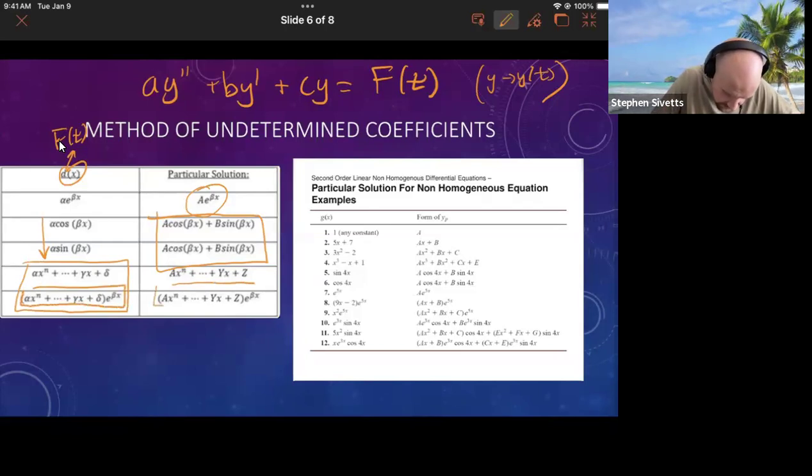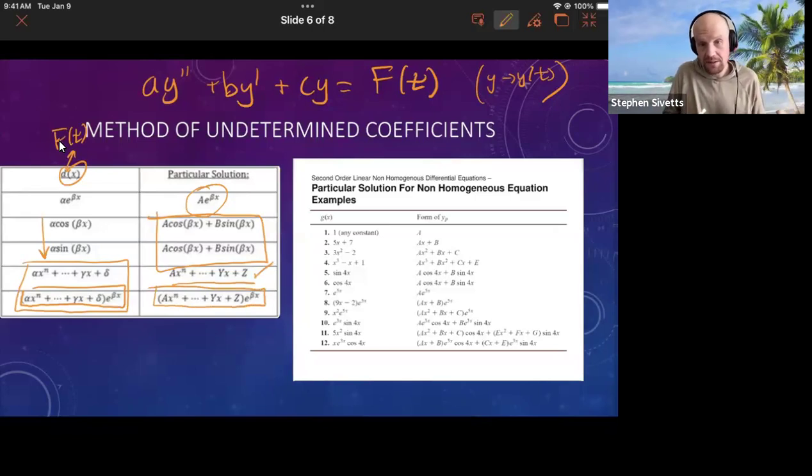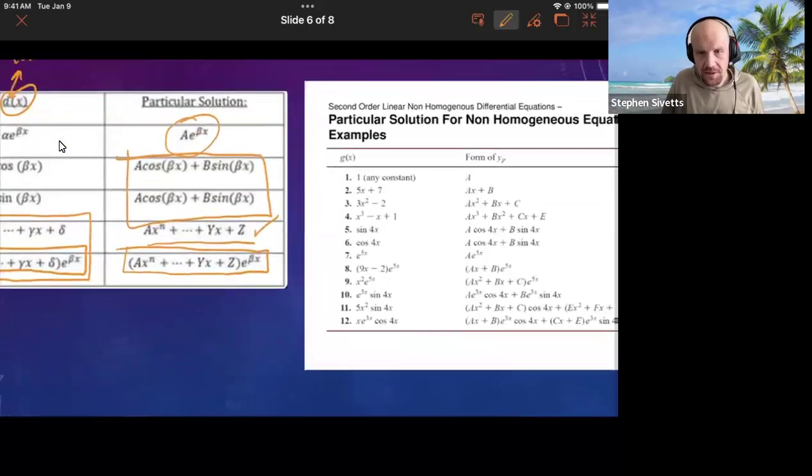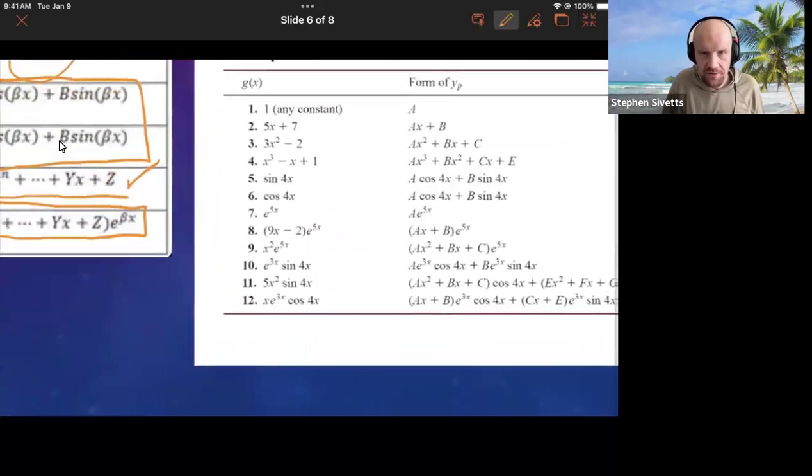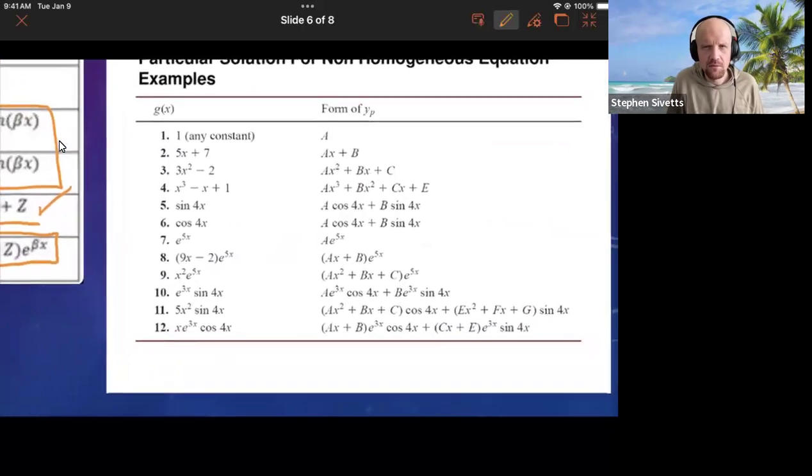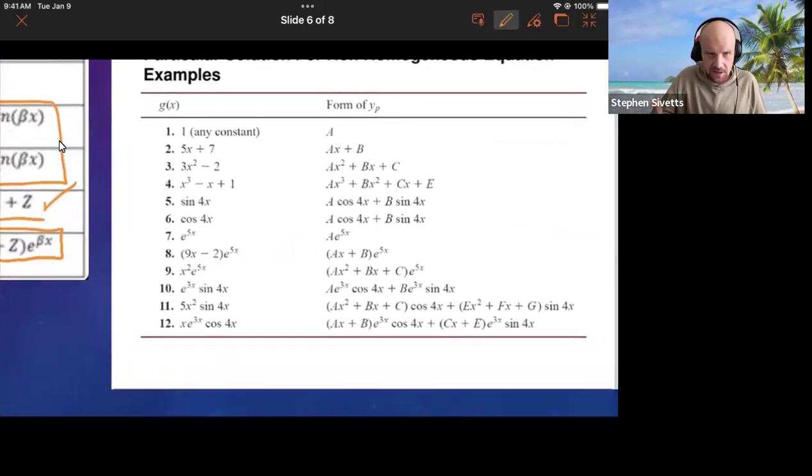So you would use the same polynomial that's used up here previously, but you just multiply that polynomial by e to the beta x, right? And here are just some examples to clarify what you would use as your particular solution.